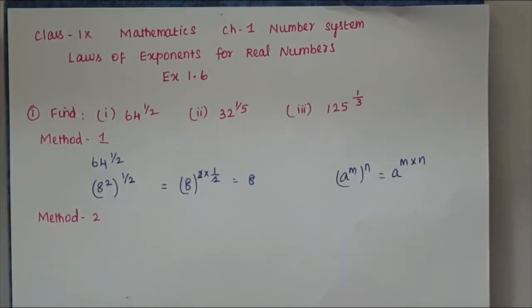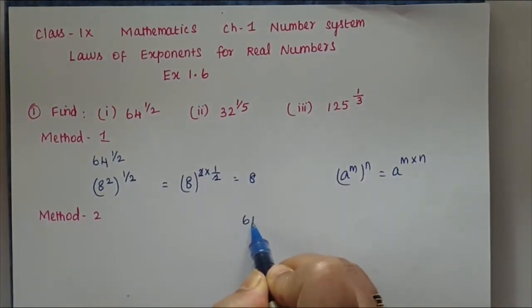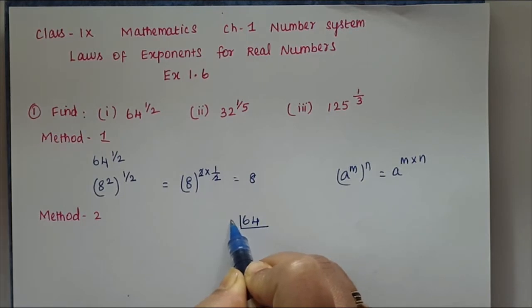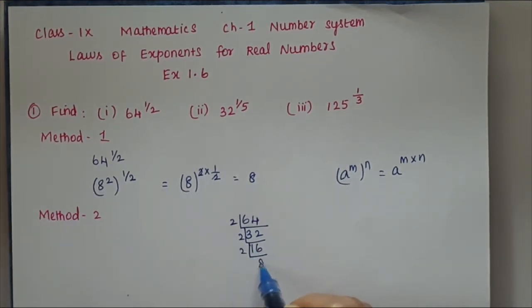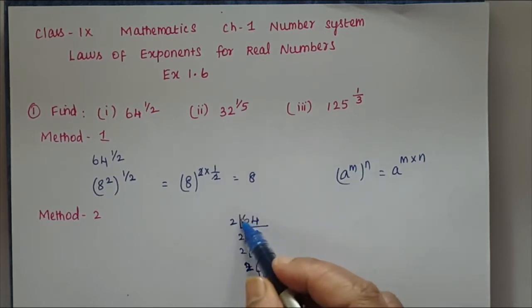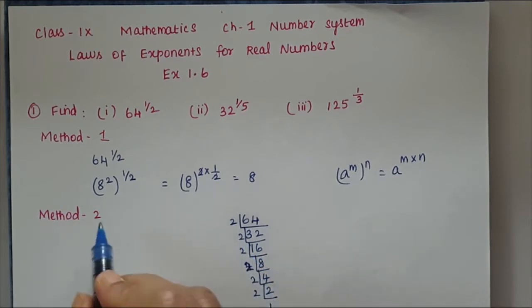Method 2, factorization, we can solve this problem. So 64, when you divide this by prime numbers, you get 32, 16, 8, 4, 2, 1. Counting the 2s, we get 2 to the power of 6.